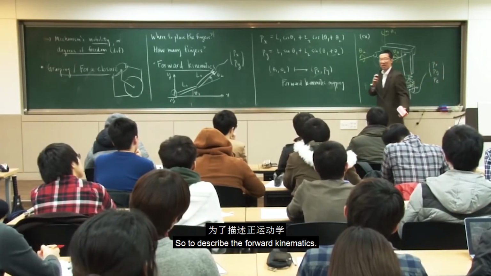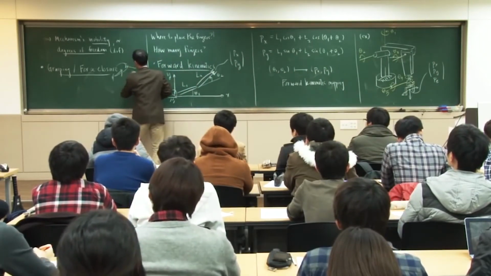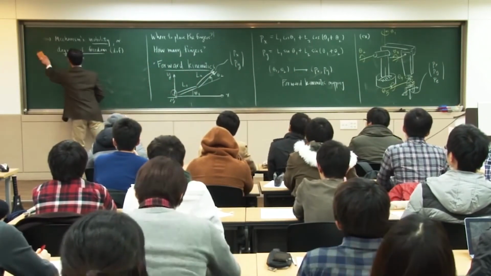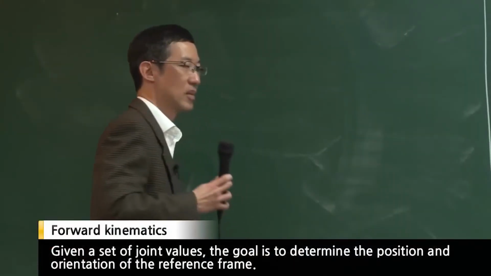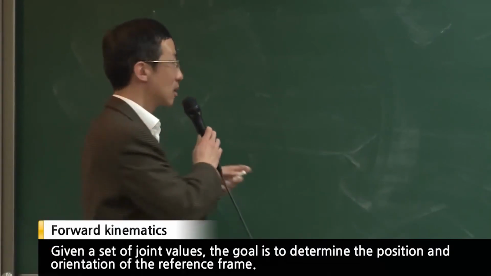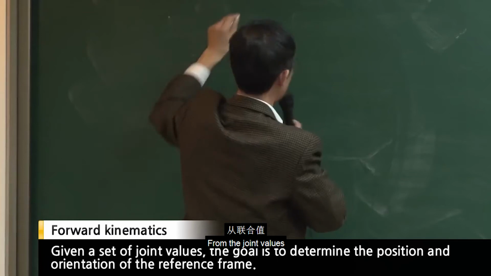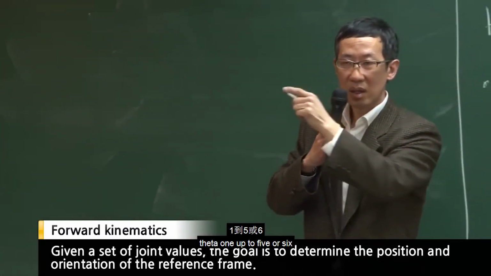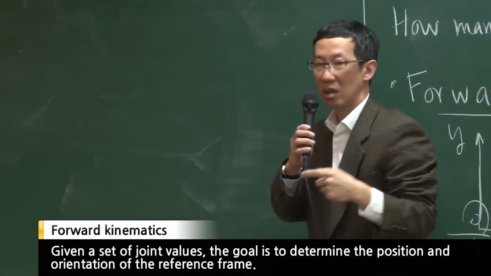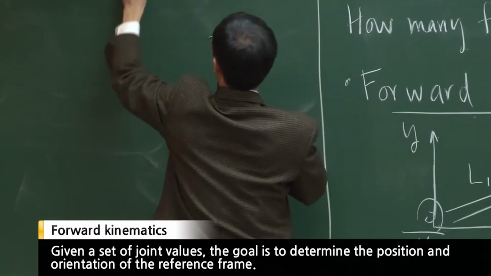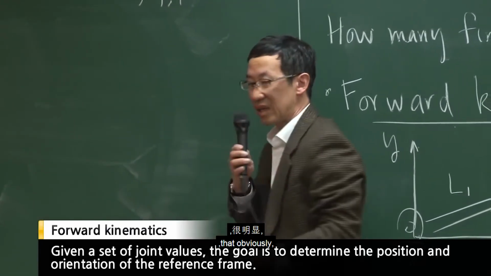To describe the forward kinematics, we need a mapping from the joint values, theta 1 up to theta 6, to that, obviously.